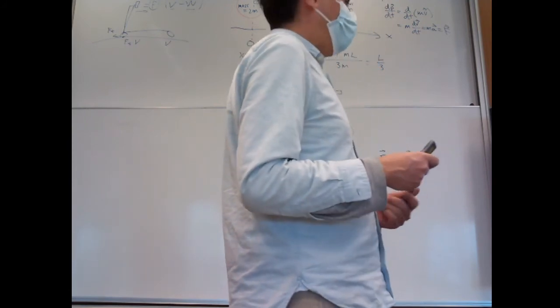Which region is the particle slowing? Yeah, 3. And then why 3? Because the momentum is decreasing and momentum is equal to the mass times velocity.